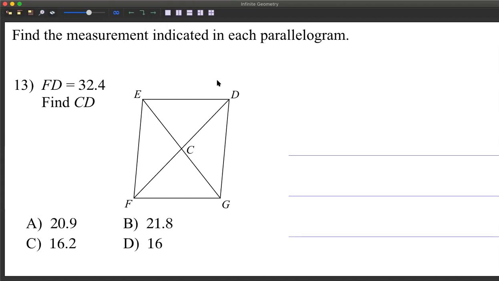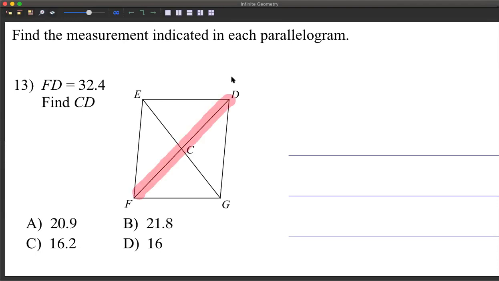And then you're eventually going to hit these ones that deal with the diagonals. Let me just grab my stylus here. There it is. FD is 32.4 in this. So what does that mean? FD is this whole thing.